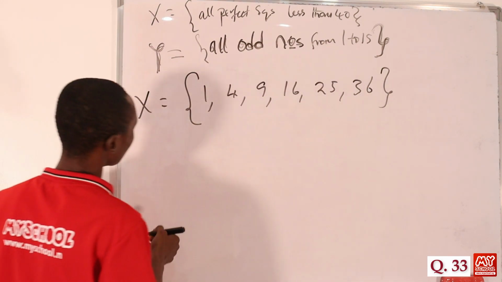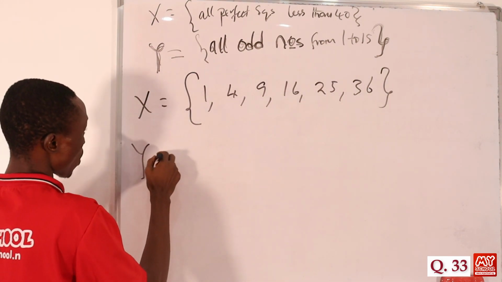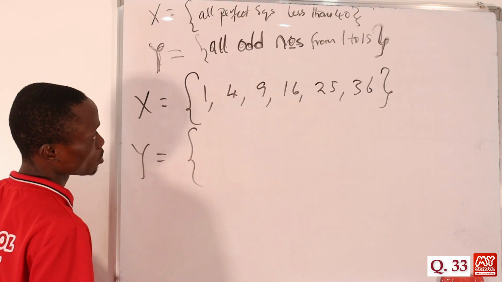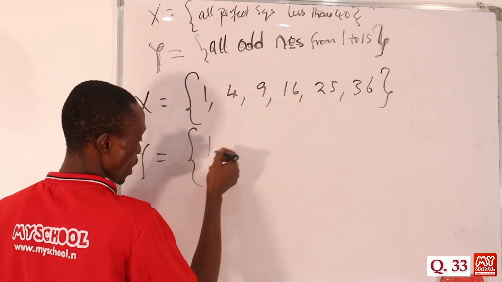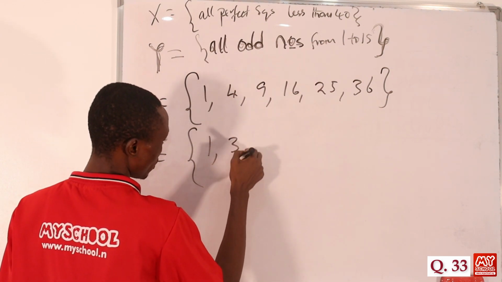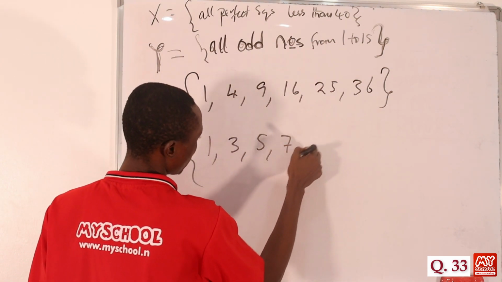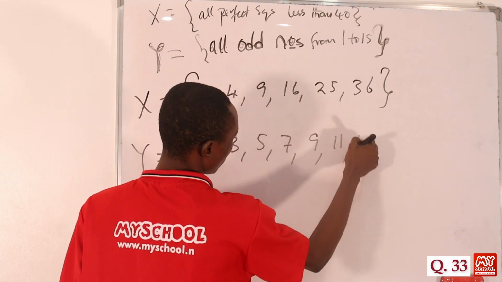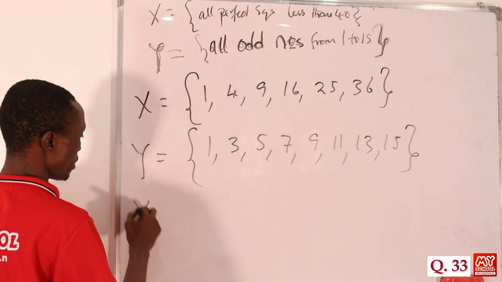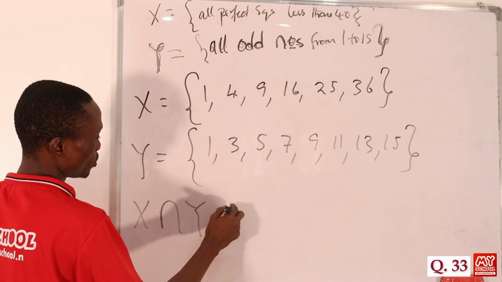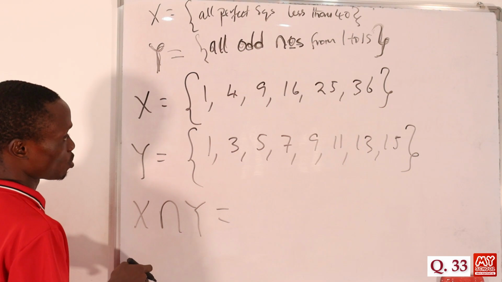Now for set Y, all the odd numbers from 1 to 15 are 1, 3, 5, 7, 9, 11, 13, and 15. But we are asked to find S intersect Y, which is the elements that are common between S and Y.